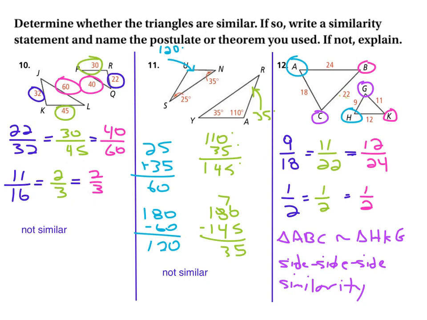Oh, actually, it asks us to explain. So I'm going to explain on these because I didn't sufficiently explain the first two. For the first, we would say not the same ratio of sides, sides not in proportion.